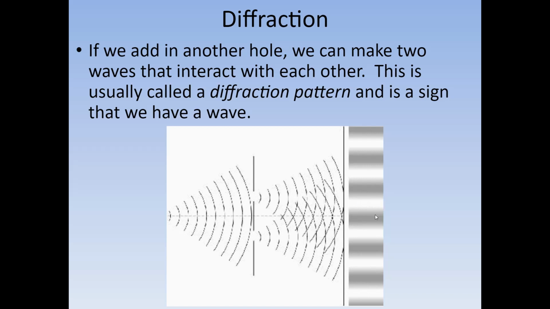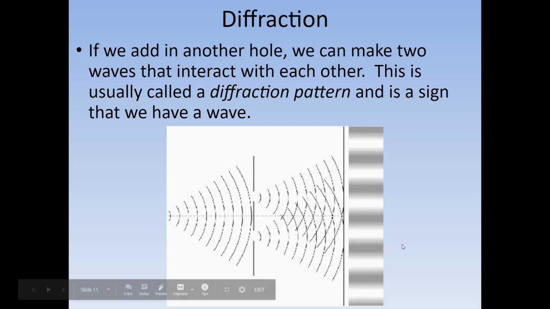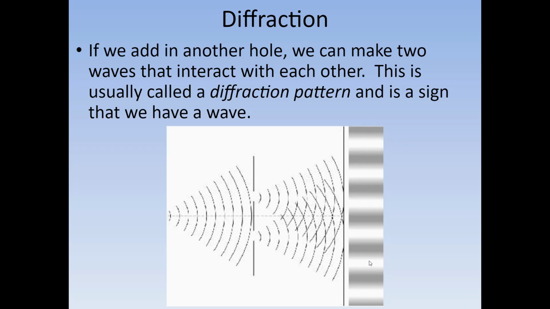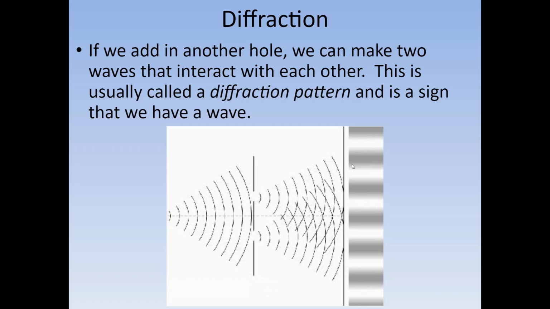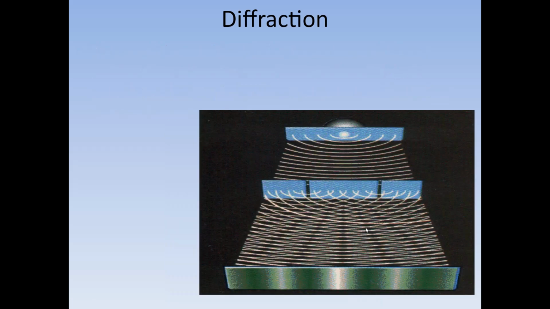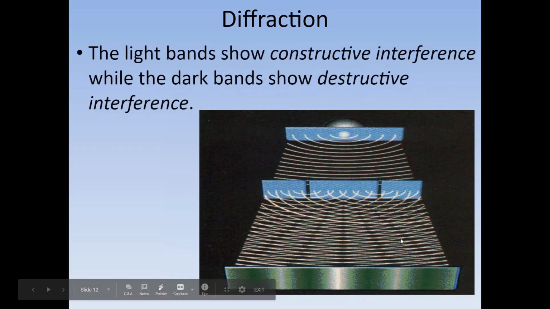A good example of this is you take light, you shine it through these two openings, and you have a sensor here that is recognizing light. So this is where we would see light, and these dark areas we wouldn't see it. This is just another example of it.